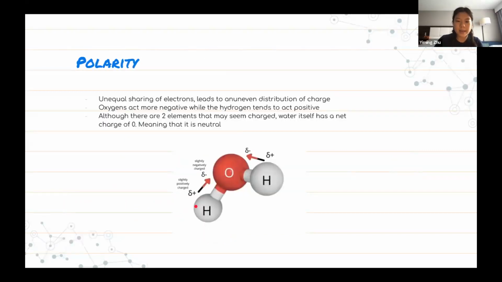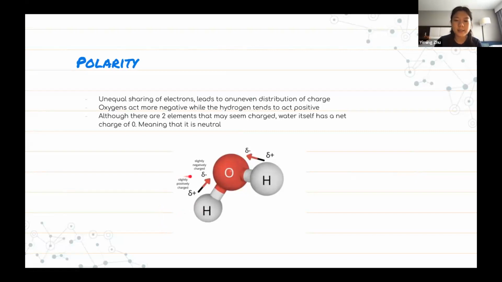All right. Again, this is more about polarity. This is an unequal sharing of electrons, which leads to an uneven distribution of charge. The oxygen acts more negative, as you can remember from electronegativity, which we talked about on Friday, while the hydrogens tend to act more positive.